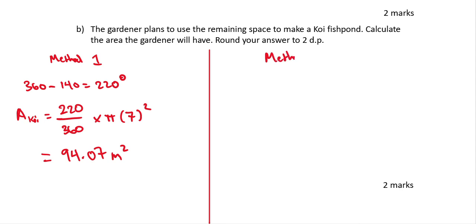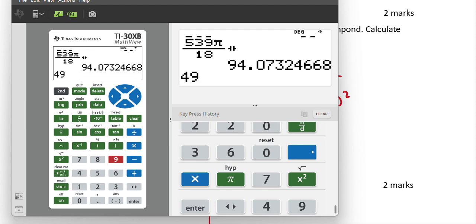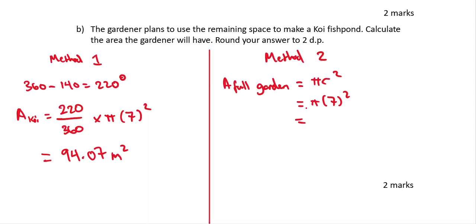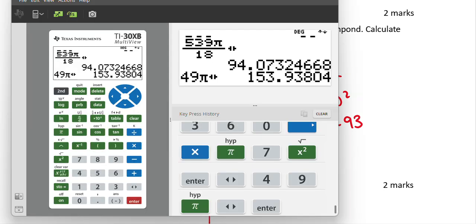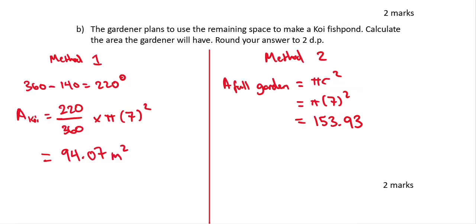Or you can do this method here. You find the area of the full garden, which is just pi r squared, 153.94.